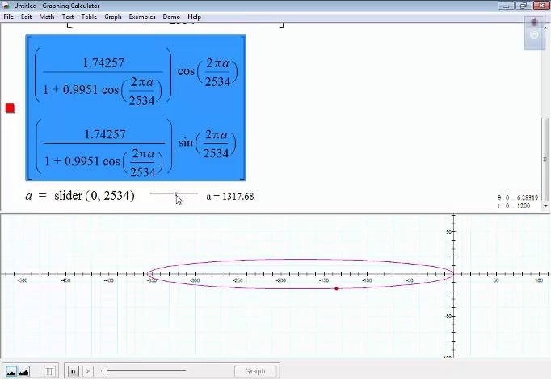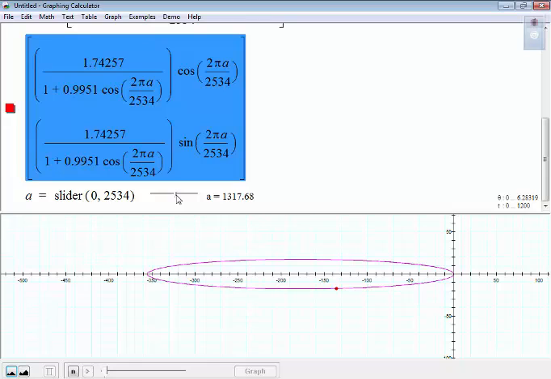Okay? So for your extra credit, remember that extra credit? 1 point for you to come up with an equation of the Earth's path in polar coordinates. So you'll get another extra point, now for the second point, if you're able to parametrize it, using basically the methods that we're using here.